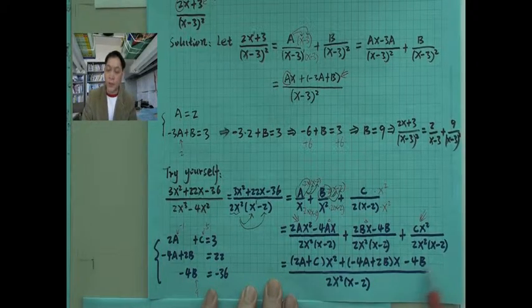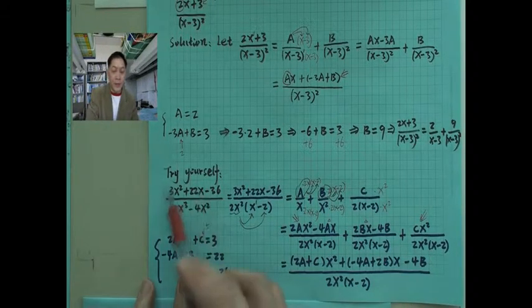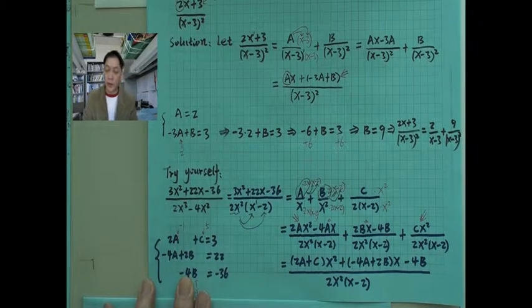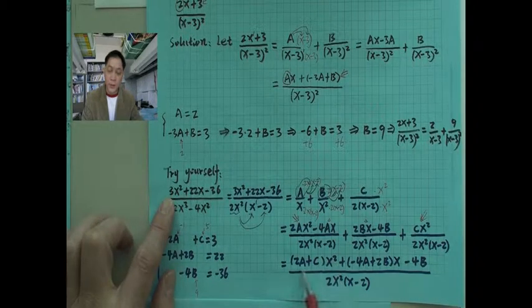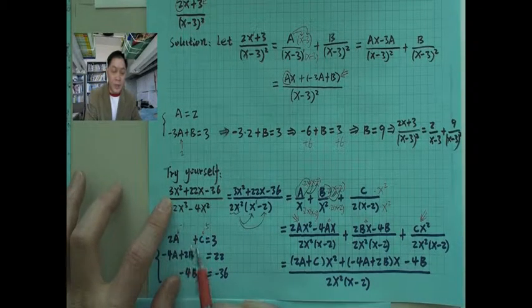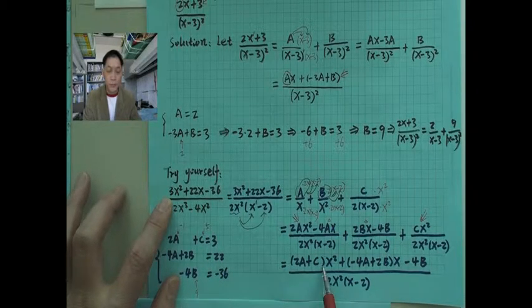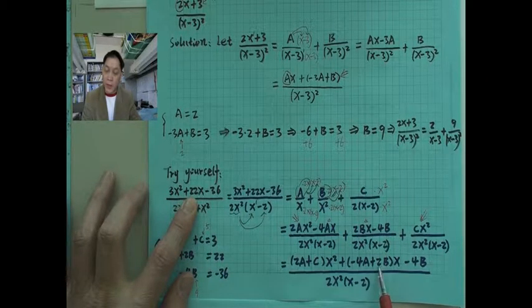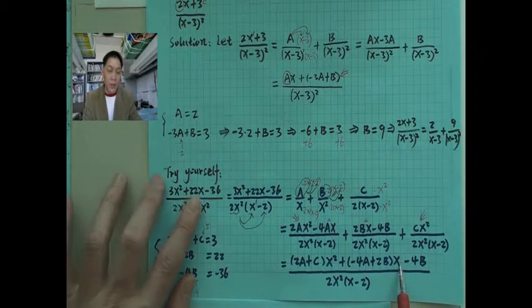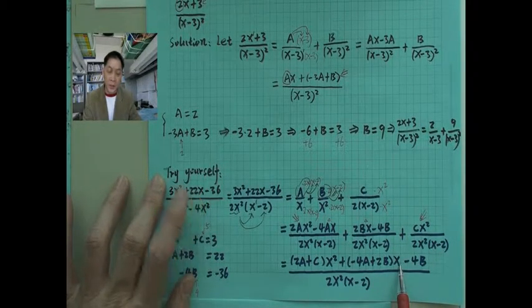Comparing this numerator with the one right here, we know that the coefficient of x squared, 2a plus c, has to be 3. So 2a plus c is 3. Negative 4a plus 2b is the coefficient of x, but we know the coefficient of x is 22.